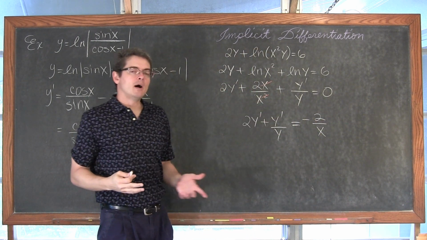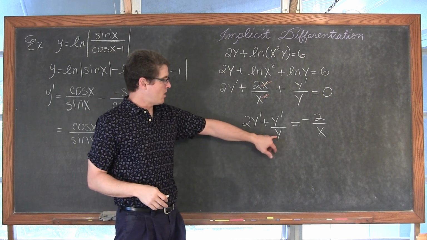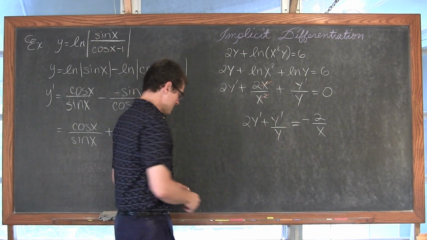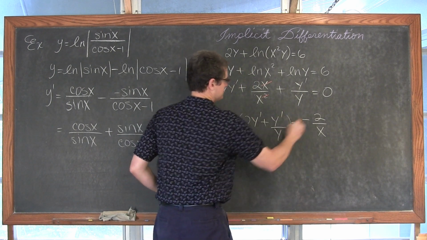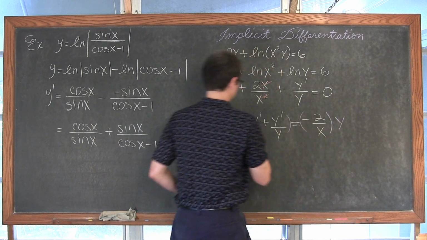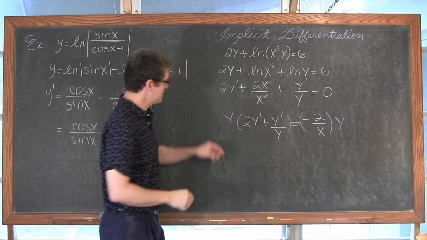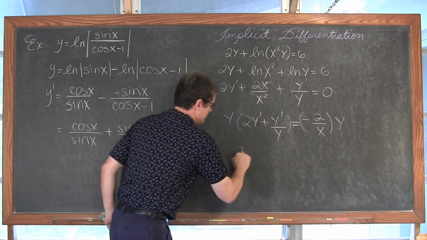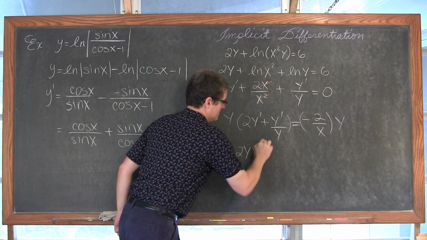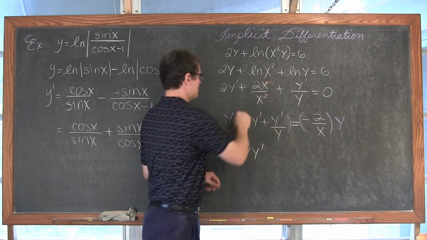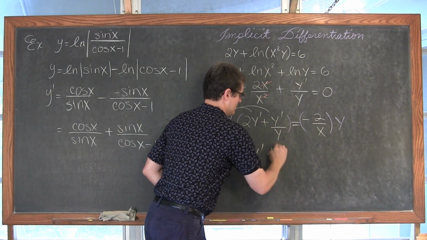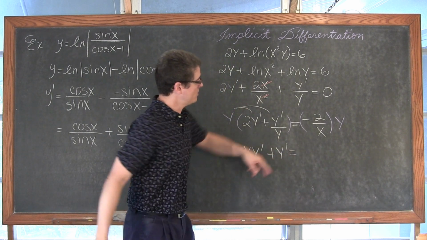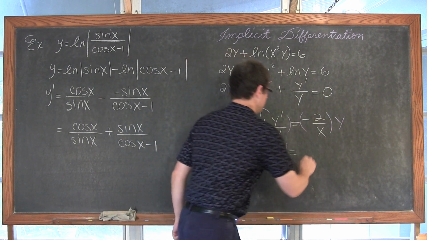I'm going to get this y out of the denominator, so I'm going to multiply both sides of the equation by y. That is going to give me 2y y prime. Over here in the second term, the y's are going to cancel out, just leaving me with y prime. And then over here we have negative 2y over x.